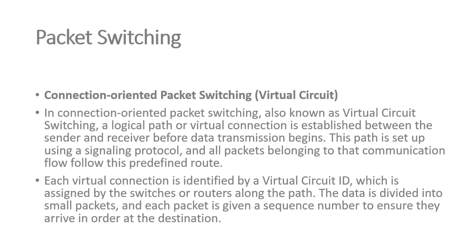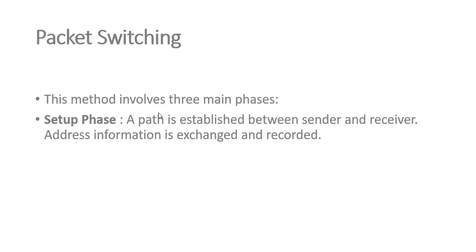Each packet contains a virtual address. Based on this, the data is divided into smaller packets, and each packet contains a sequence number. You can see the packets and the sequence numbers here, and it involves phases like the setup phase. First is to establish the connection between the sender and the receiver.